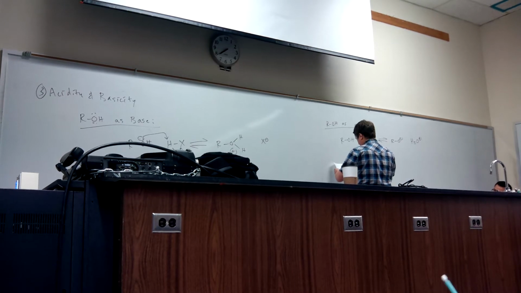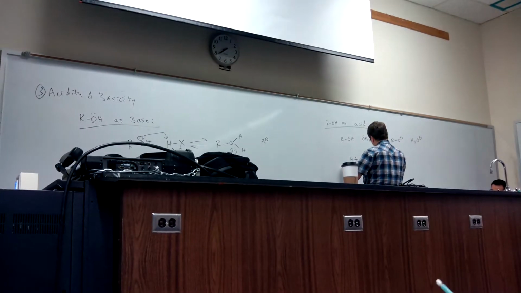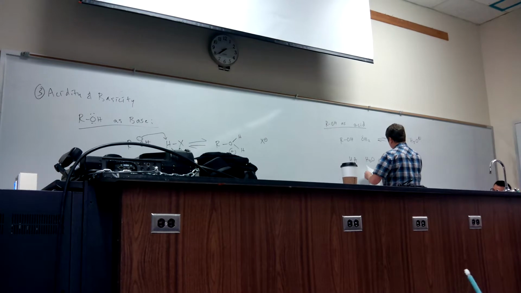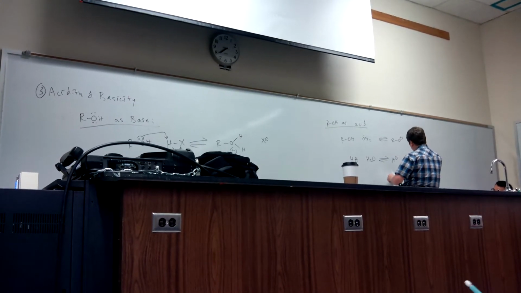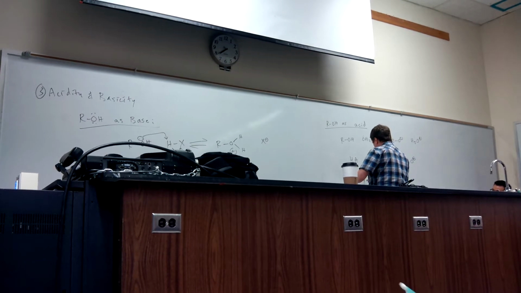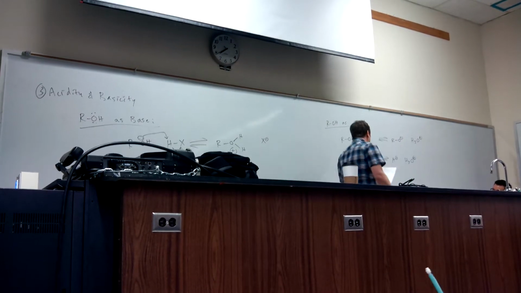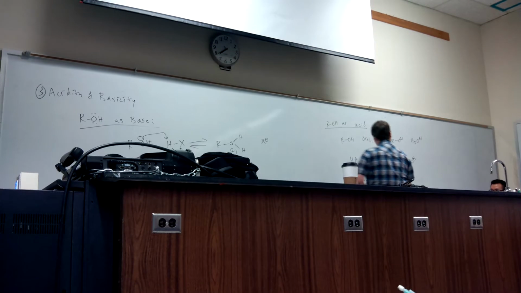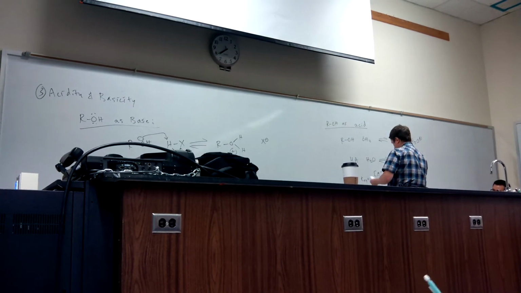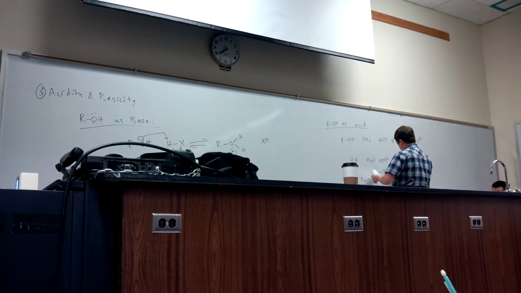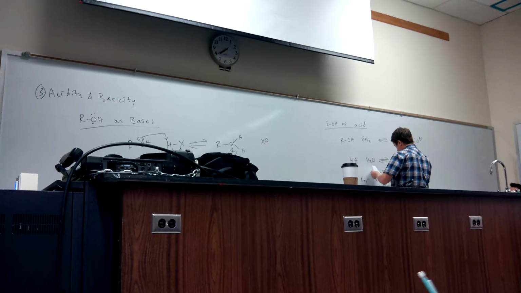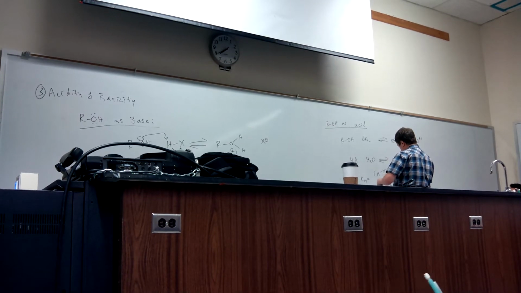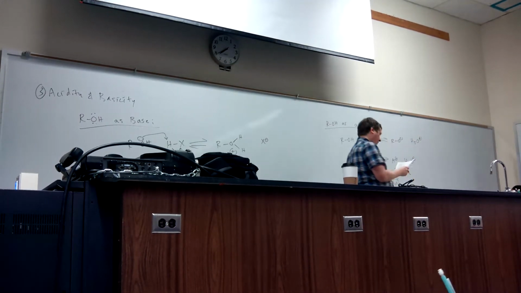So if you have acid plus water, you have A minus plus H3O plus. K equilibrium is products over reactants. That's the equilibrium equation.